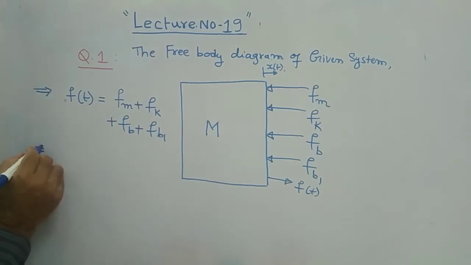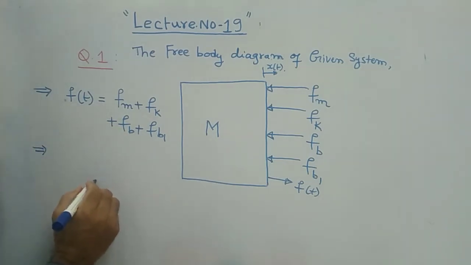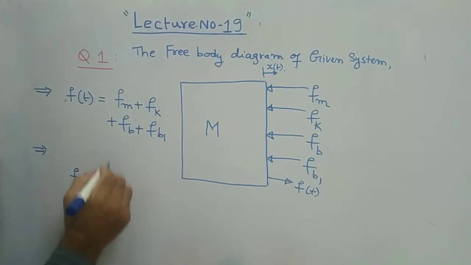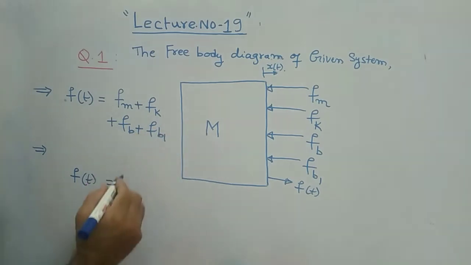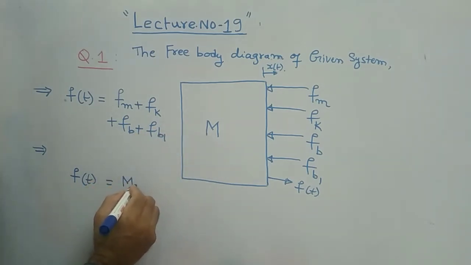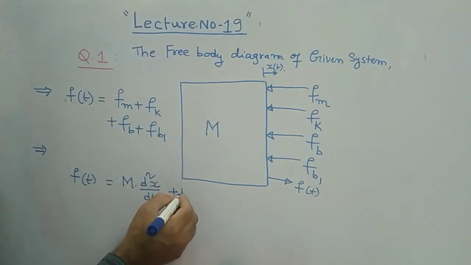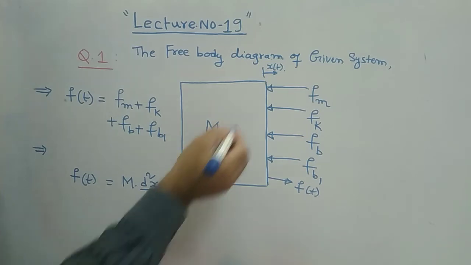Then what is Fm? I already explained in the last presentation that wherever Fm comes, it is m into d square x by dt square. Plus what is Fk? That is k into x, because you have x only.